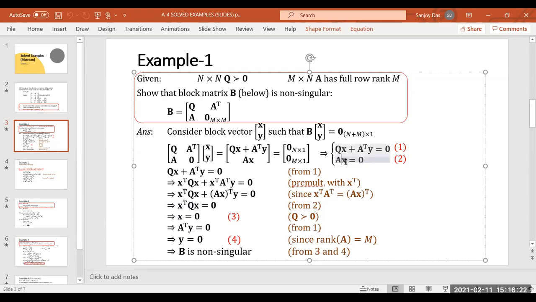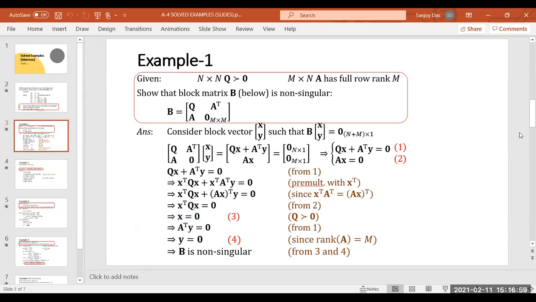So what you're saying is X is not equal to 0, but Ax is equal to 0? No, no. My question is if we could get the same result only from equation 2, only because A is full row rank, without the process.